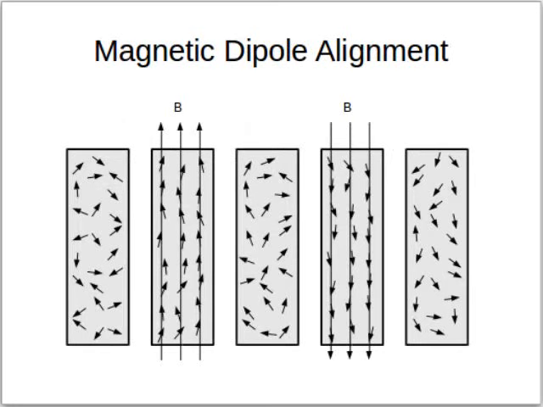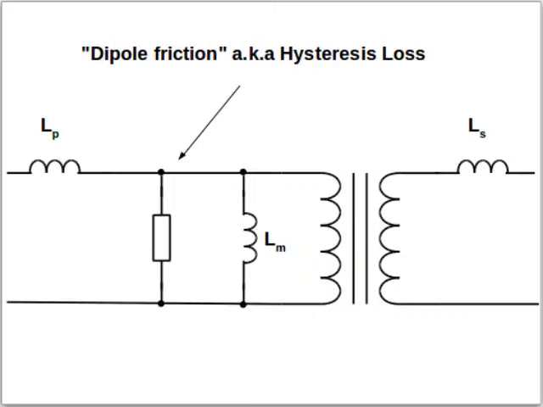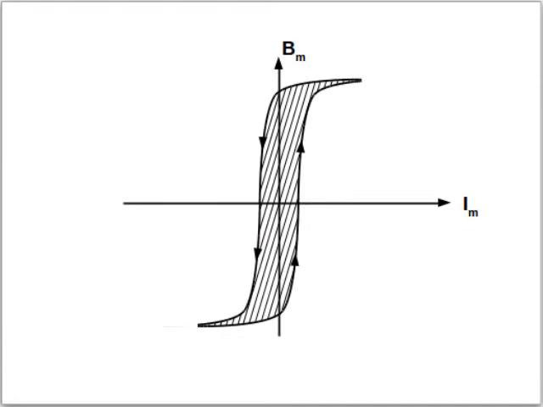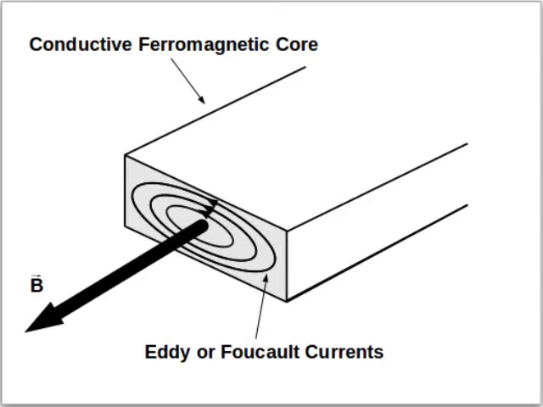The friction of the core's internal dipoles when repetitively aligned with the magnetic field produces losses. This will be viewed as an equivalent resistor in parallel with the primary. Although nonlinear in character, this effect, called hysteresis, is modeled as a constant resistor for simplification purposes.